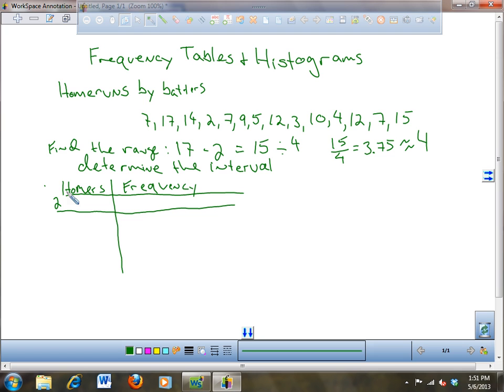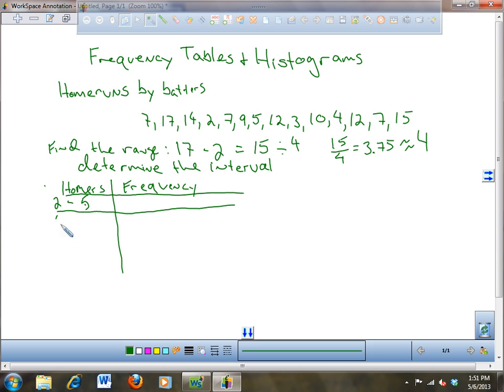You can count on your fingers: 2, 3, 4, 5. So anyone who hits 2 to 5 home runs goes in the first interval.